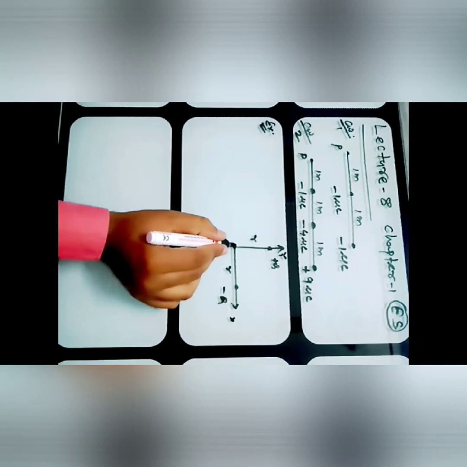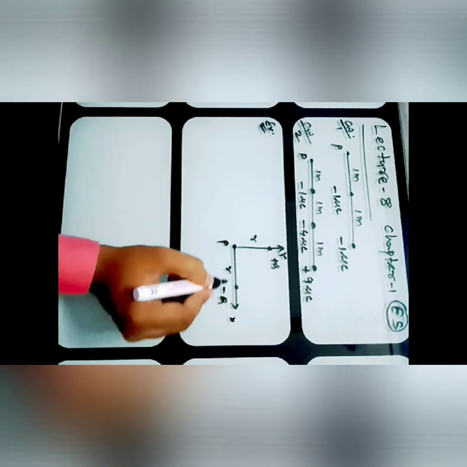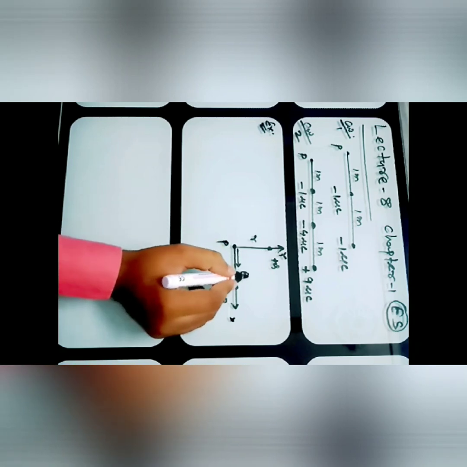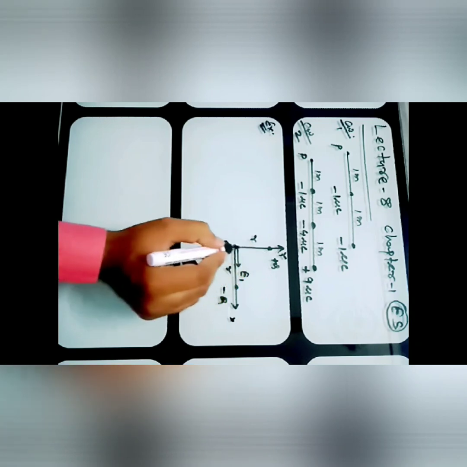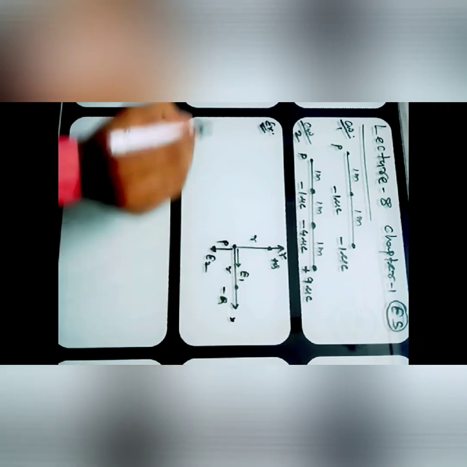What will be the net field at point P? Easily you can write the direction of electric field due to this negative charge will be towards this one. It is E1, and due to this positive charge, in which direction will it be? Downward. It is E2.